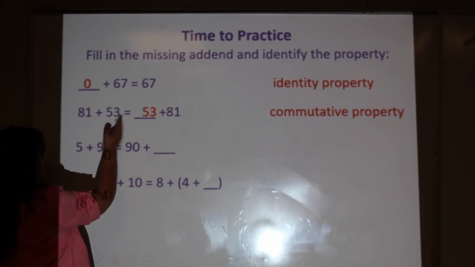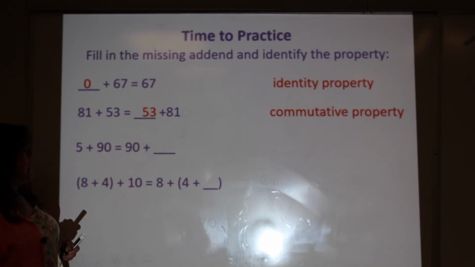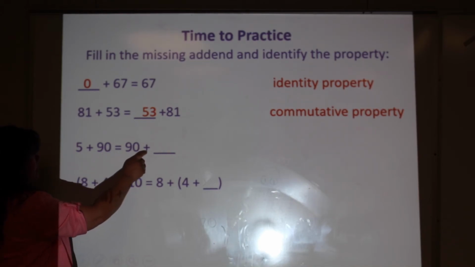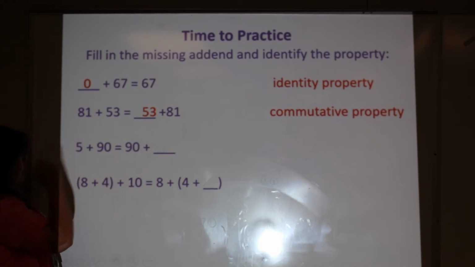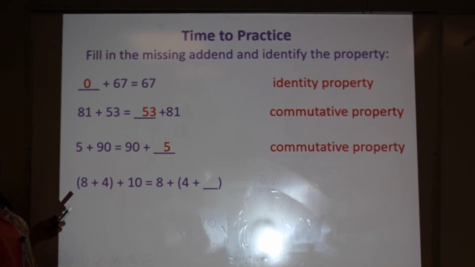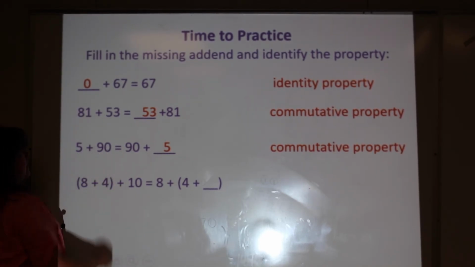All I did is I switched my addends. Now we have 5 plus 90 equals 90 plus 5. What goes in that blank right there? 5. Wow. What did I do here? Commutative. I just switched. That's all I did. I took the 5 and put it over here.